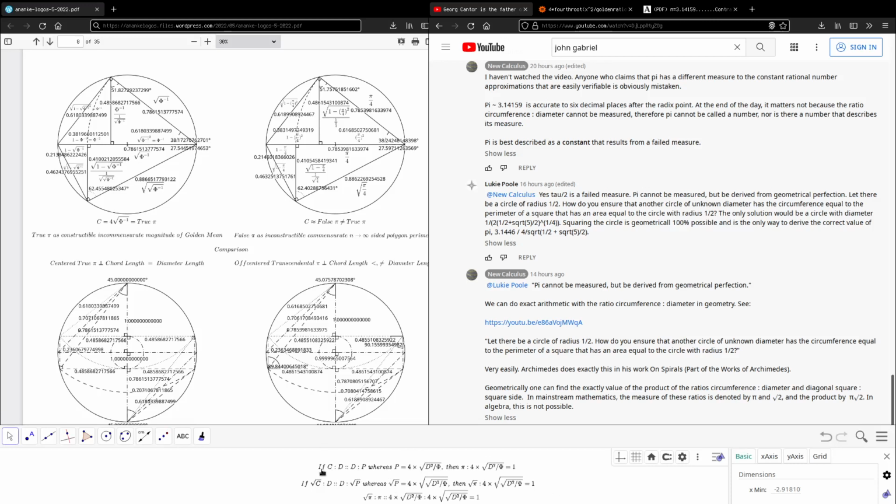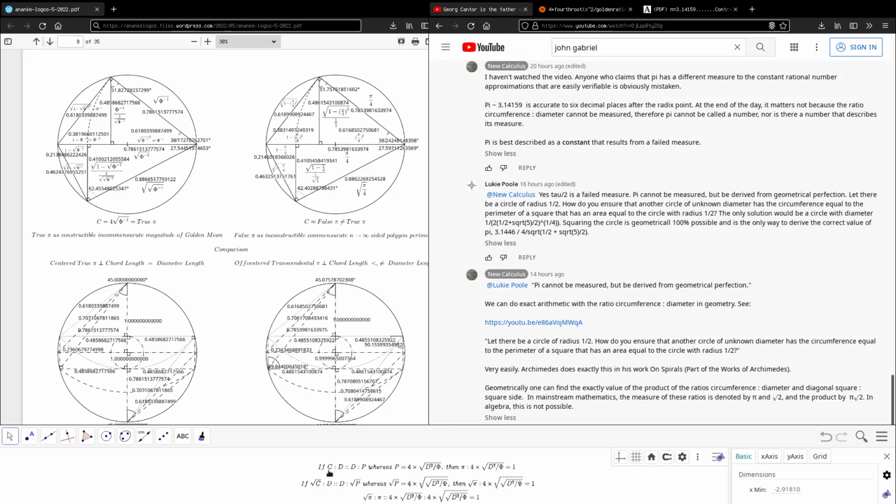So if the circumference to the diameter is the diameter to the perimeter, whereas the perimeter equals 4 times the square root of the diameter squared over 5, then pi to 4 times, well, this thing here again, equals 1.